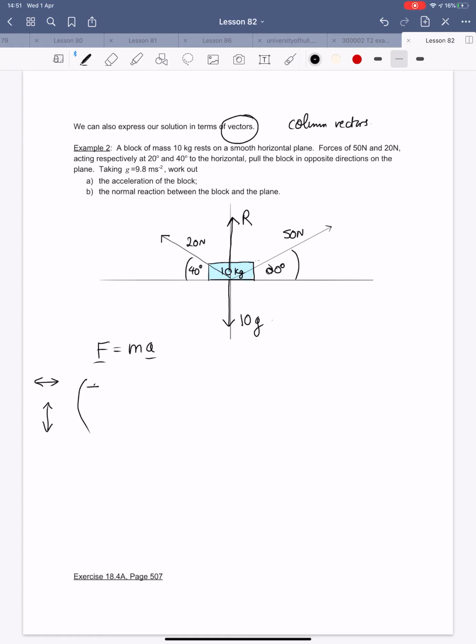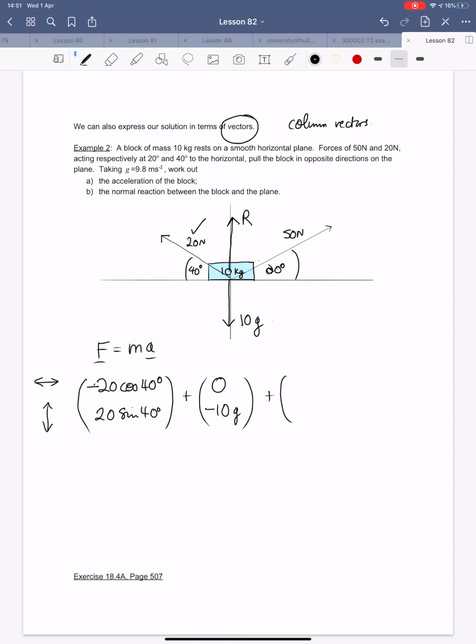So we're going to have minus 20 cos 40 degrees horizontally and 20 sine 40 degrees vertically. Then 0 horizontally and minus 10g vertically.